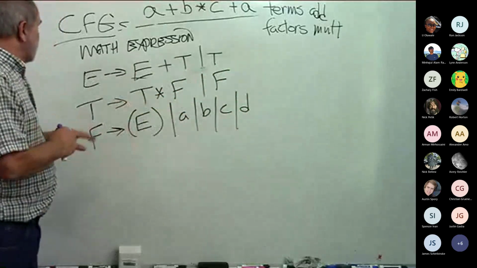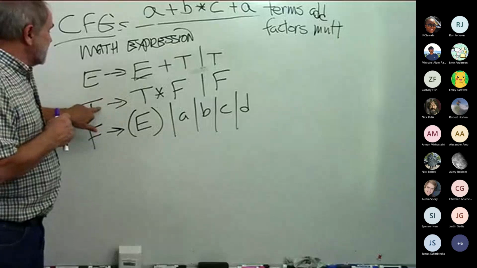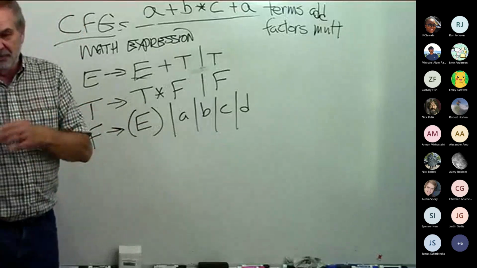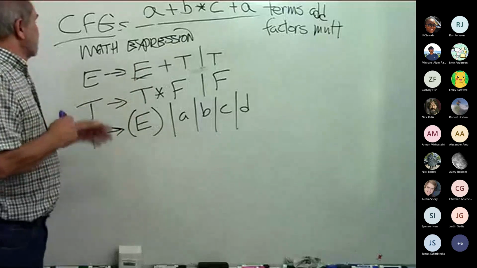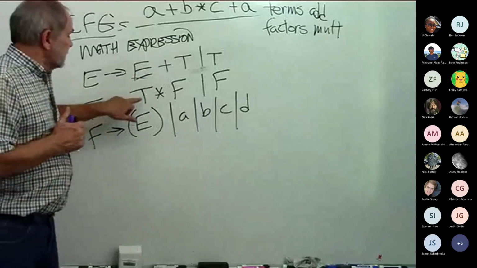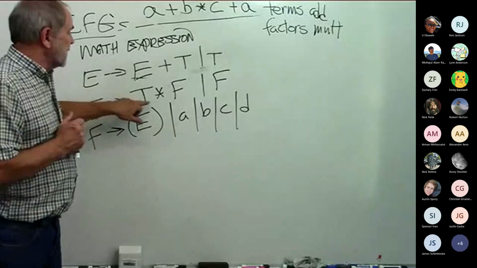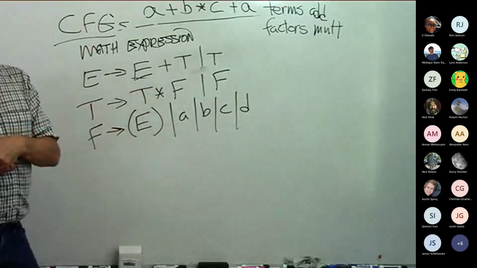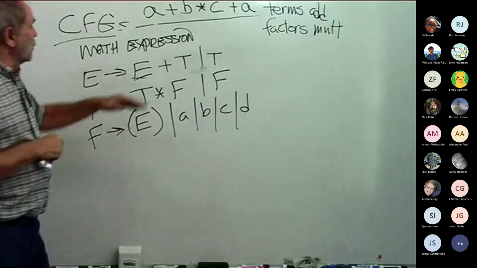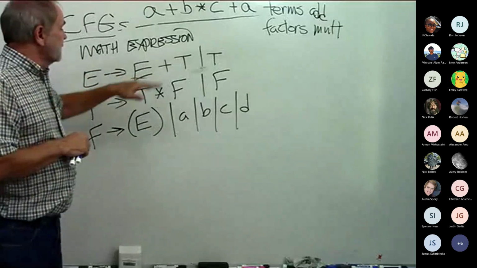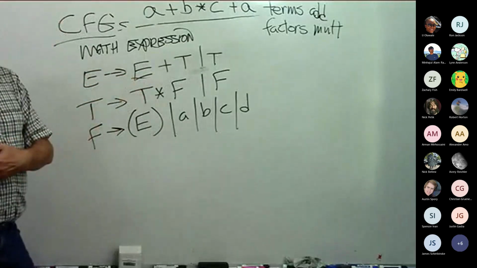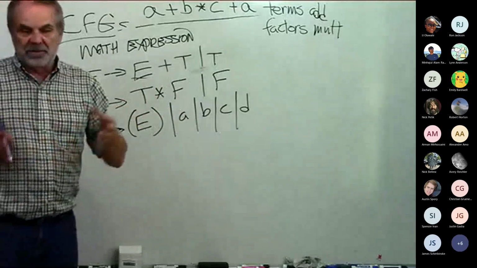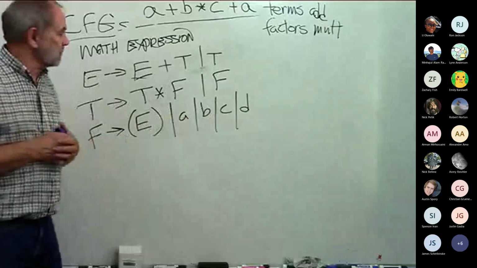Okay. Then what is the T for terminal? Not terminal, term, a mathematical term. Terms can generate factors multiplied together. So in a similar way that an expression is a series of terms added together, a term is a series of factors multiplied together.